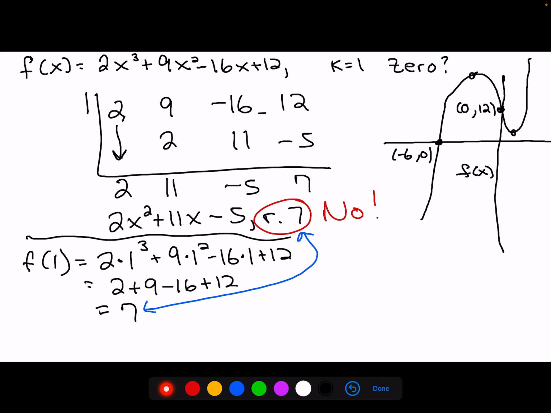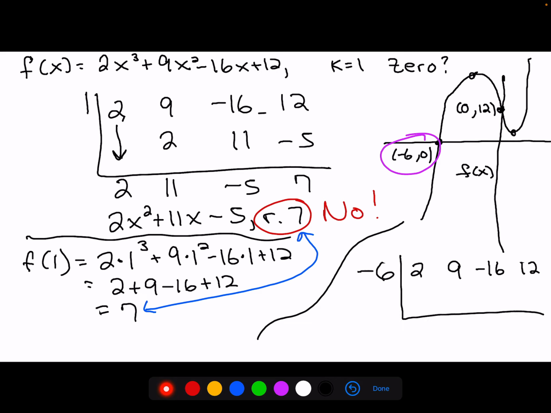Now notice that the actual zero is at negative 6, 0. So if we went ahead and did a long division with negative 6 instead, we would expect to get a 0 remainder, because that is truly a zero of the function, or an x-intercept.